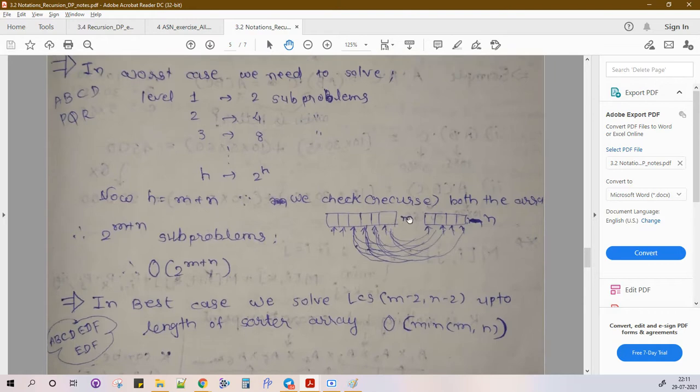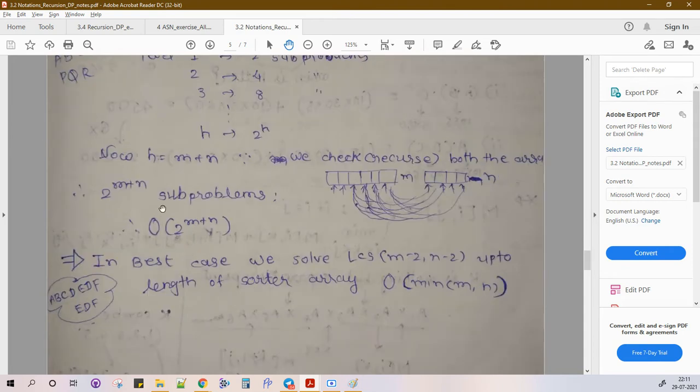Because if we have m, then we take one element each and try to check it in n elements, and otherwise we take one element from n and try to check it in m, for everything. So it is m plus n, because we need to perform this for every element in m and every element in n.